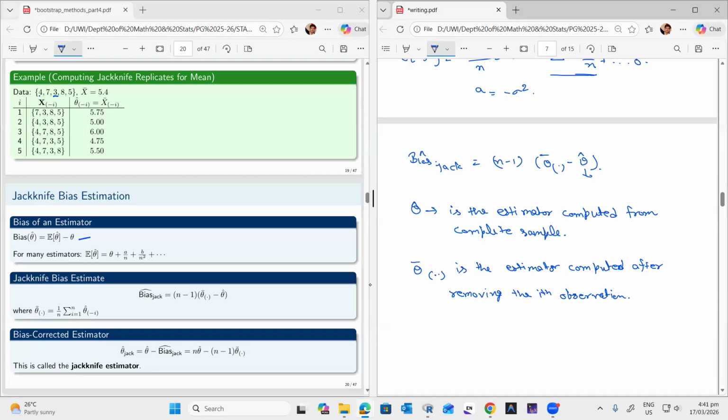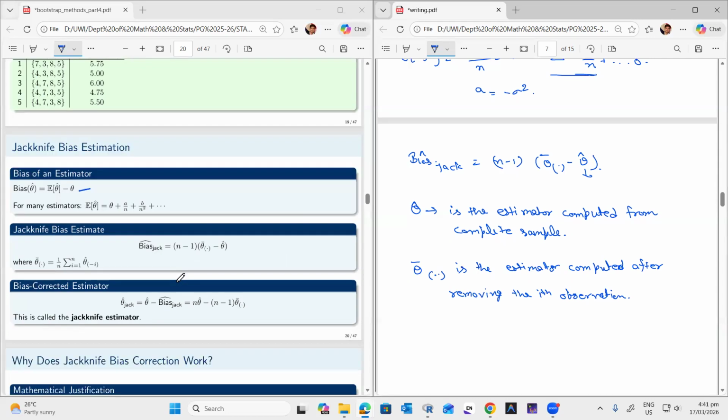All right, and then the bias corrected estimate, that is theta cap jack, is basically n minus 1 theta bar dot minus theta cap.